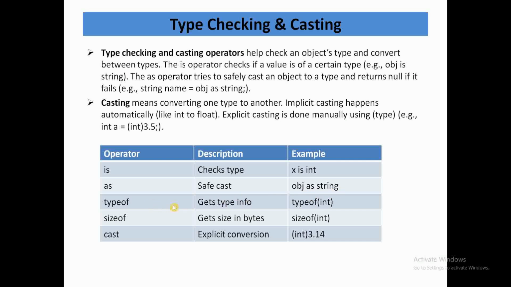Typeof and sizeof are used to check the type of the integer and the size of the integer. Suppose we have this example where we are checking integer type and integer size. And cast is like explicit conversion, for example converting from double to integer, where we have to manually check that type and then assign the value from double to integer. So this is the main conversion, and the types we have are is, as, typeof, sizeof, and cast.